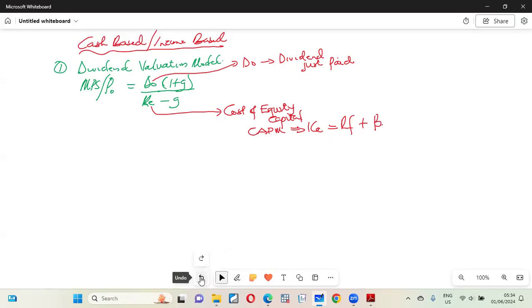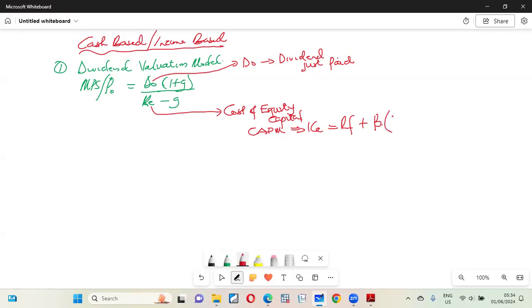If the company doesn't have debt, we use beta A, asset beta, the ungeared beta. But if the company has debt in it, we use beta E. But here, they don't bother you with those things.